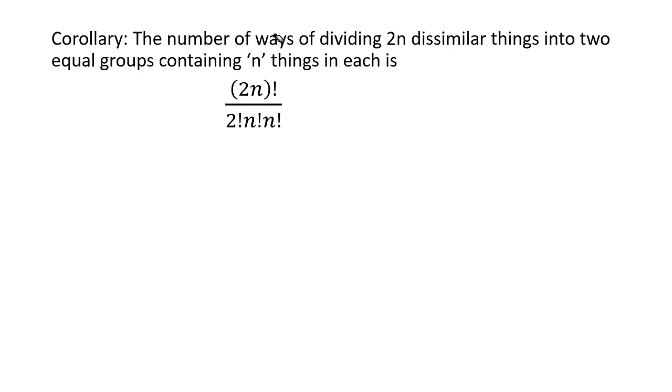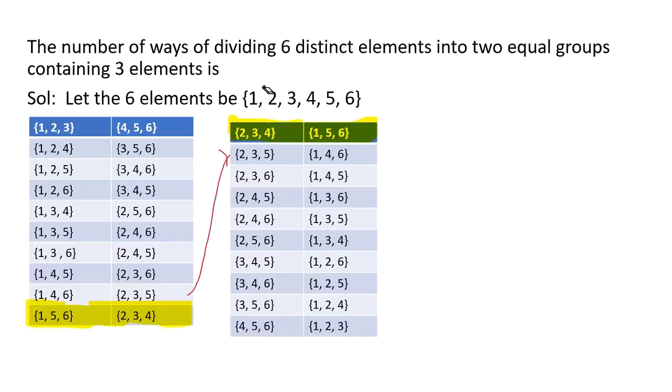The number of ways of dividing 2n distinct things into 2 groups, each containing n things, is going to be 2n factorial upon 2 factorial times n factorial times n factorial. Why we are having this 2 factorial, we will see using an example, and then we can look into the proof. Now we have these 6 elements, 1, 2, 3, 4, 5, 6.